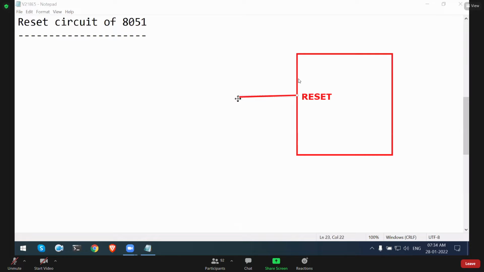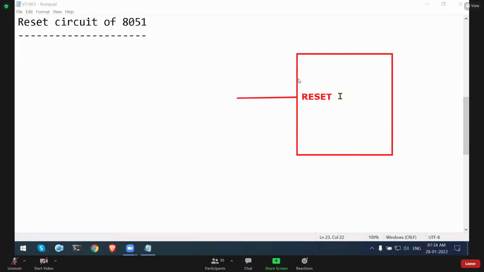is used to reset the microcontroller. It is one of the important pins. Remember, every microcontroller comes with a reset pin.